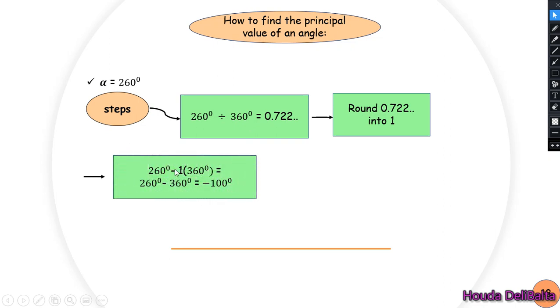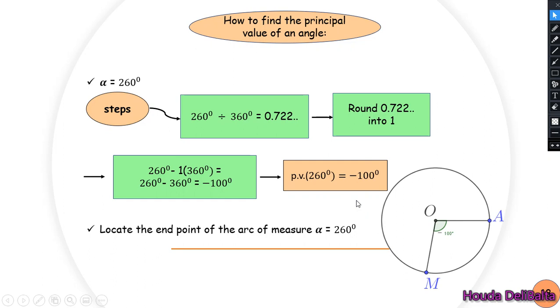So 260 minus 1 times 360 will give minus 100, and thus minus 100 is the principal value. Again, we are going to locate the endpoint of the arc of measurement minus 100, so we just measure 100 in the clockwise sense, which is the negative sense.